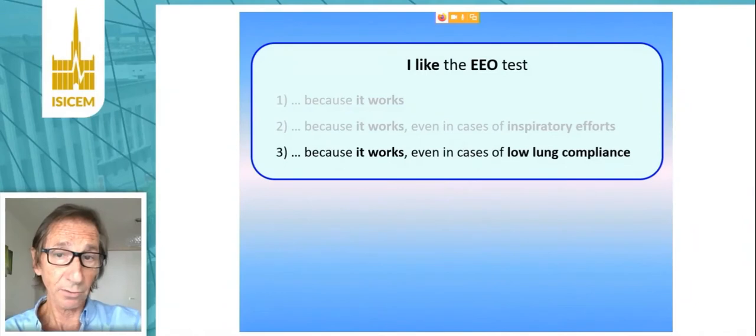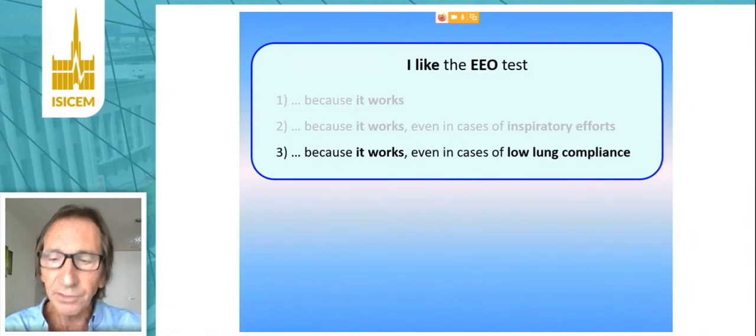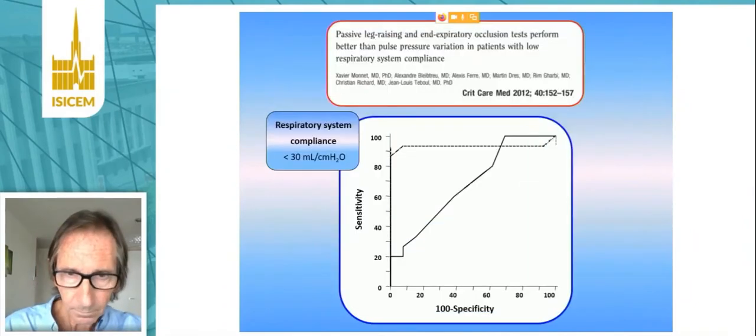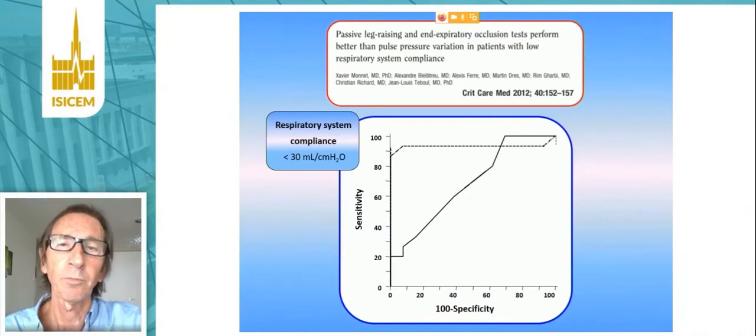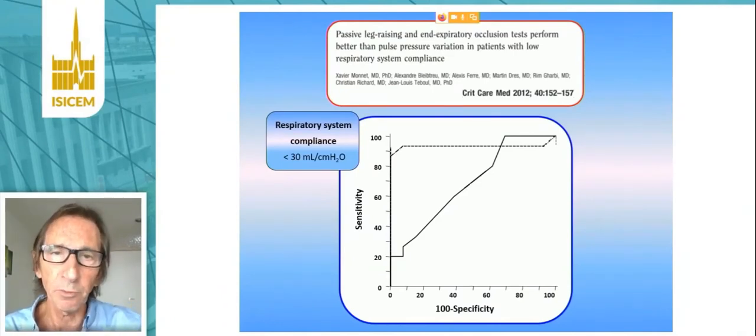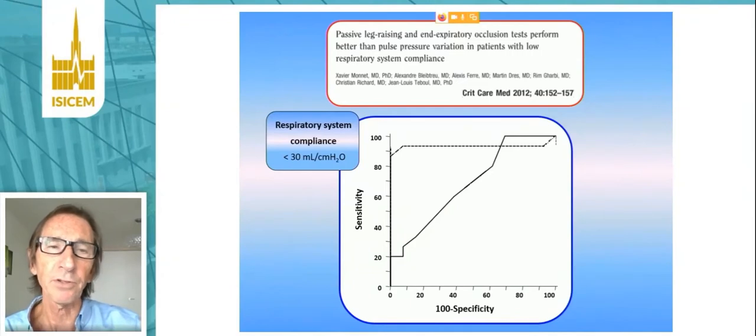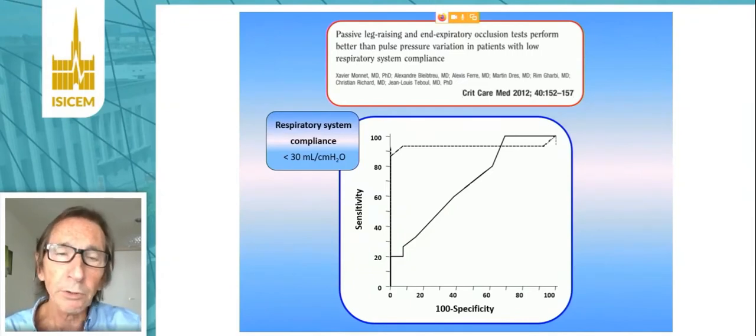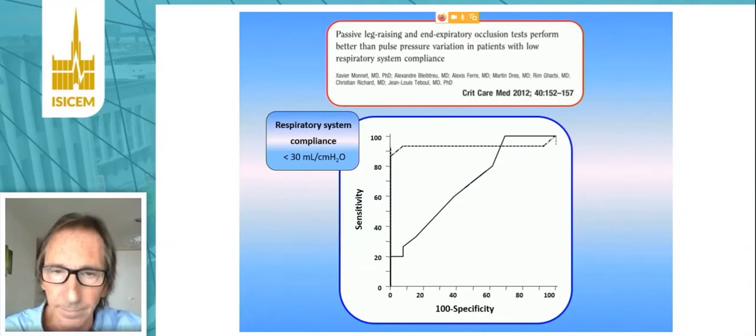Also, it works even in cases of low lung compliance, ARDS, for example. And this is another study published 8 years ago with Xavier Monnet and others, and we looked at patients with low respiratory system compliance, lower than 30 ml per centimeters of water.